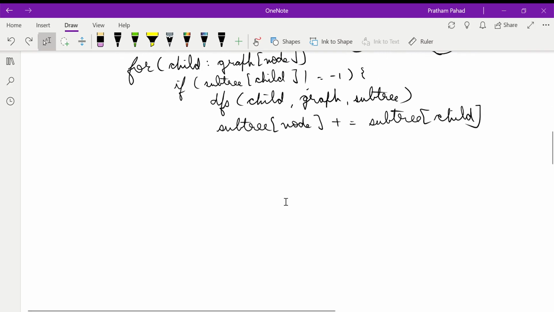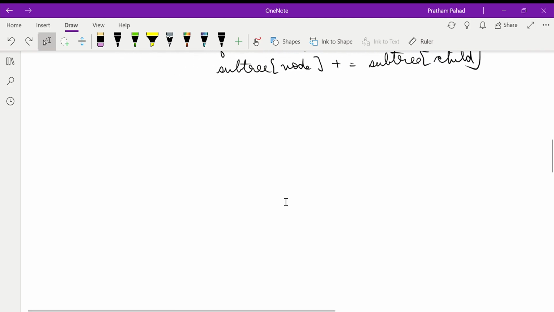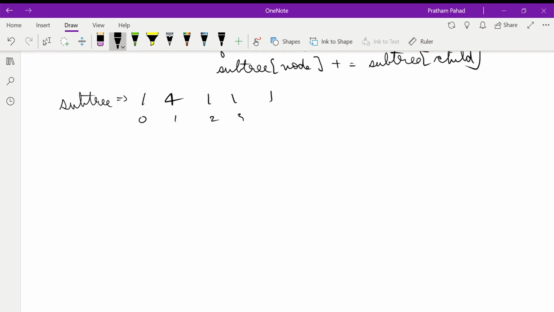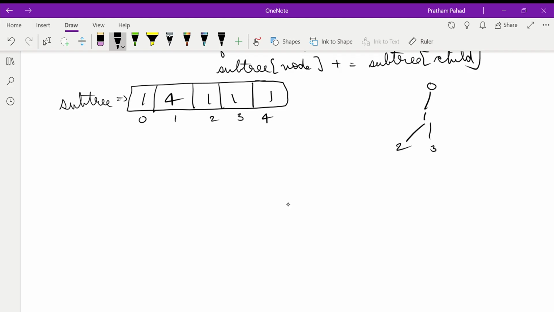So we have subtree as 1 4 1 1 1 for nodes 0 1 2 3 4. This was our tree 0 1 2 3 4.